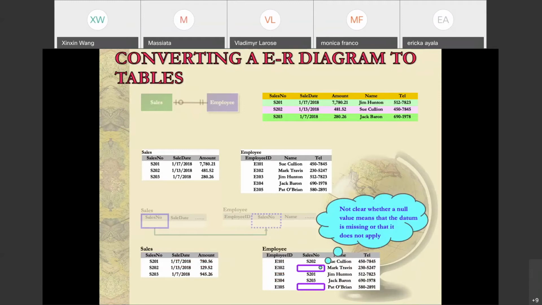We don't know whether this is a new value or whether it means missing or doesn't apply, right? Some employees don't engage in sales. That's probably an explanation. Or this employee engaged with the sales but doesn't put their employee ID there, right?